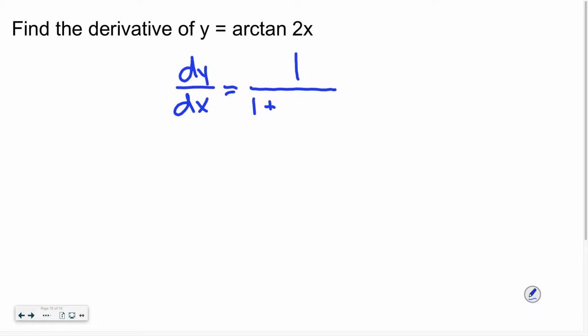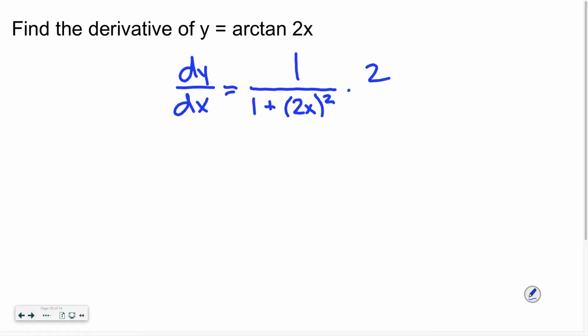But do we have arctangent of x? No, we have arctangent of 2x. So we have 1 plus 2x squared times 2, because we have a chain rule. 2x is inside arctangent, so we would have to multiply by its derivative, 2.